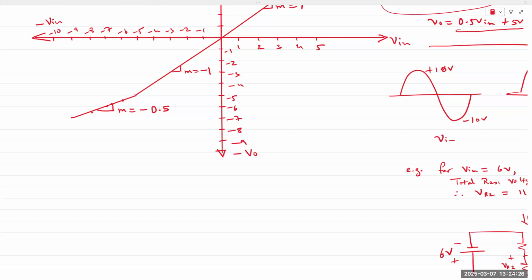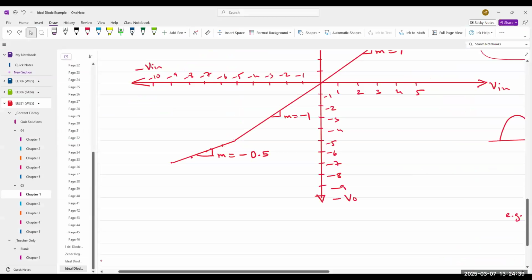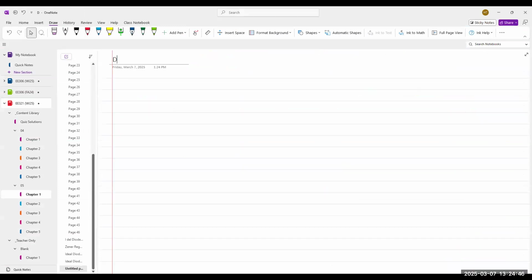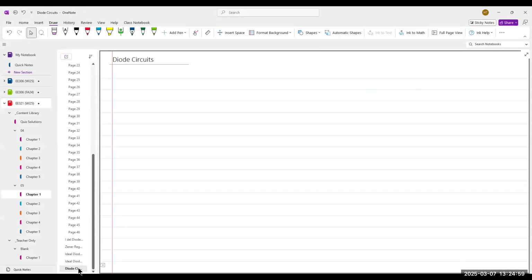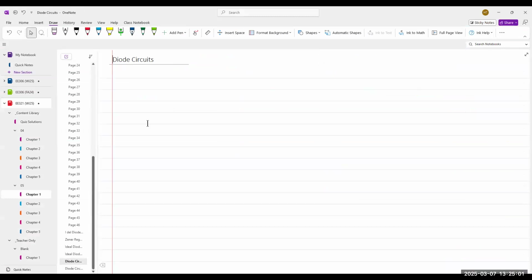So now let's do a couple of exercises, and these are interesting circuits. You can take a look and tell me how these circuits would behave.